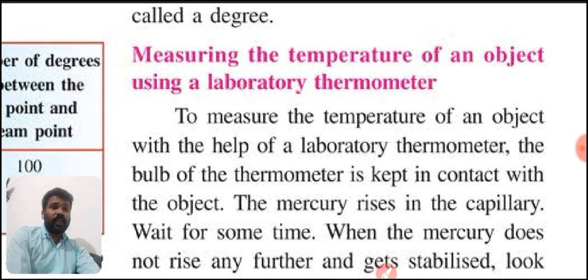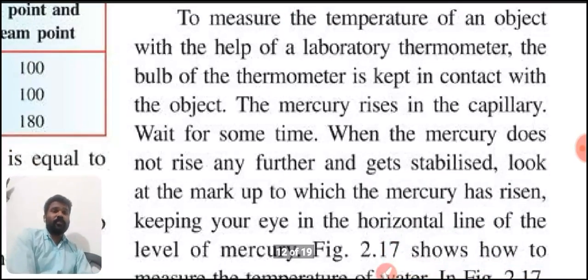The mercury rises in the capillary. Once the temperature rises, the mercury also rises in the capillary tube, according to the temperature of the body. Wait for some time. When the mercury does not rise any further and gets stabilized, look at the mark up to which the mercury has risen.